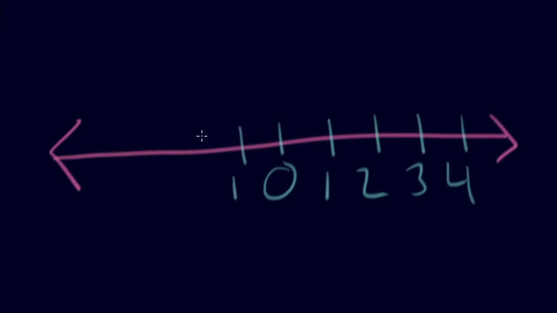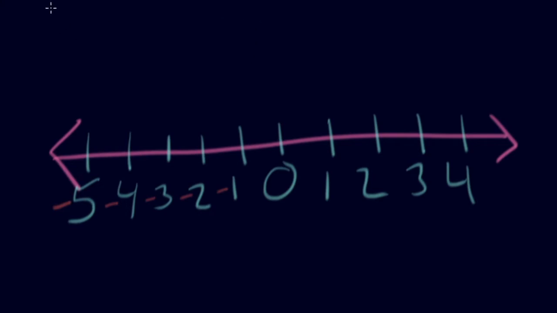We start counting 1. Here, I'll draw the lines right now. We start counting 1, 2, 3, 4, and 5. But it can't be the same. No, these are negative ones. Negative 1, negative 2, negative 3, negative 4, and negative 5.